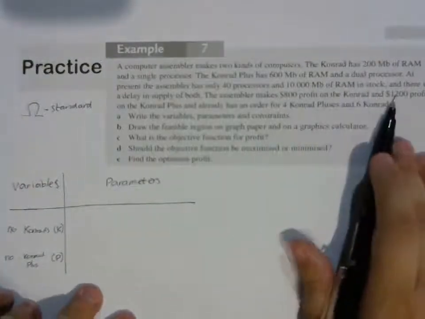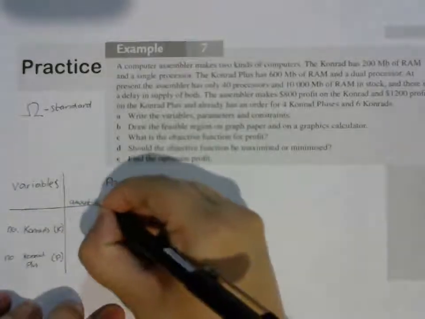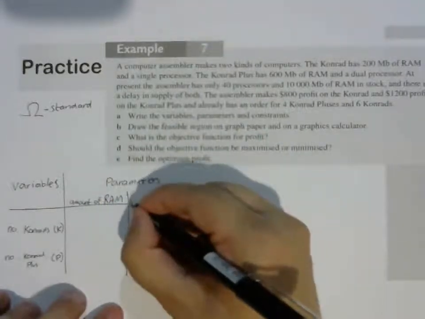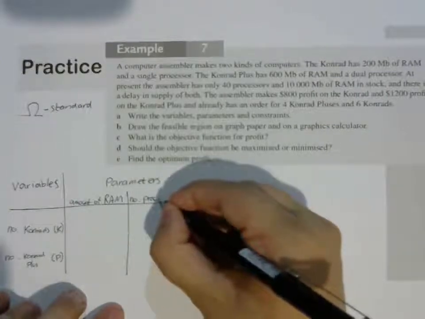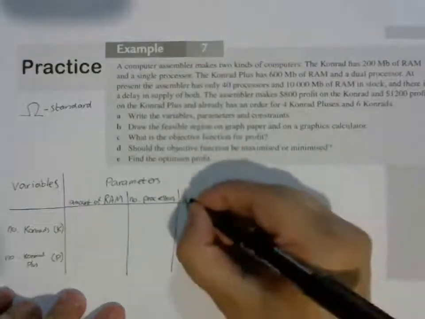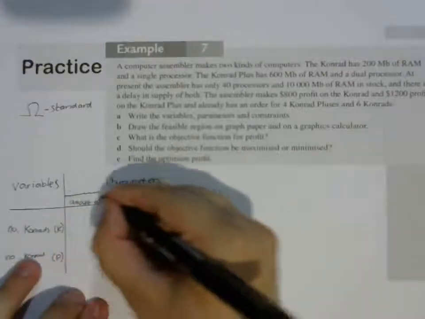And same with profit. So we've got three groups of parameters working here. We've got amount of RAM, we've got number of processors, and we've got profit. Three groups of parameters.